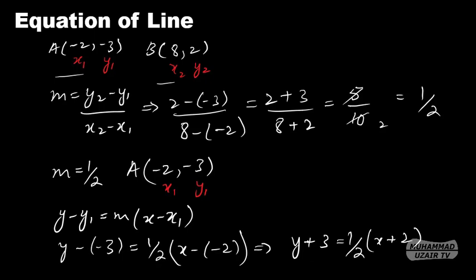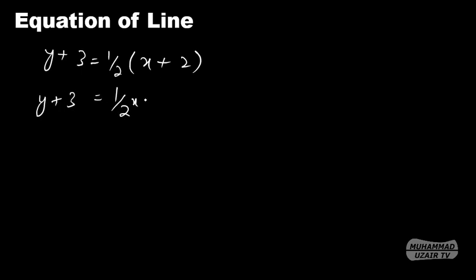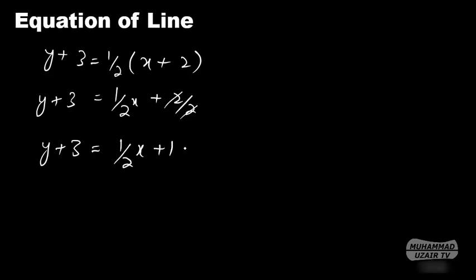So y plus 3 is equal to 1 over 2 times x plus 2. So y plus 3 is equal to 1 over 2 x plus 2 divided by 2. So y plus 3 is equal to, this will cancel out with this, so 1 over 2 x plus 1.